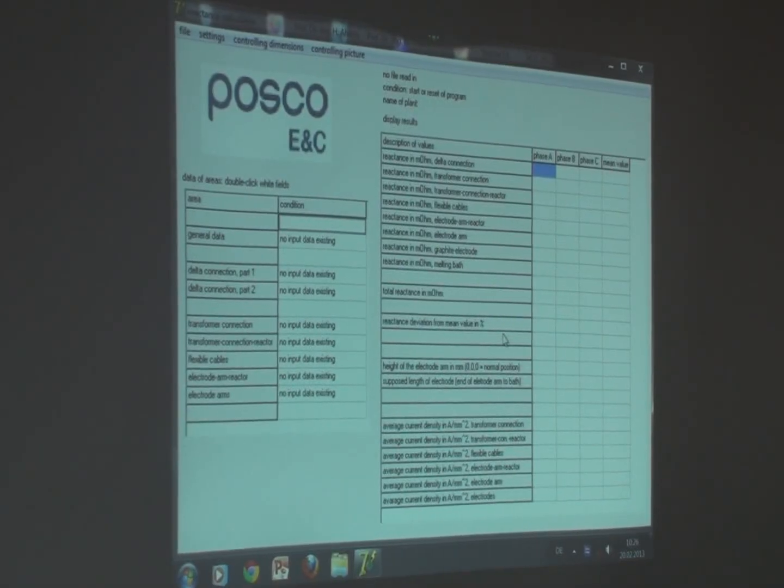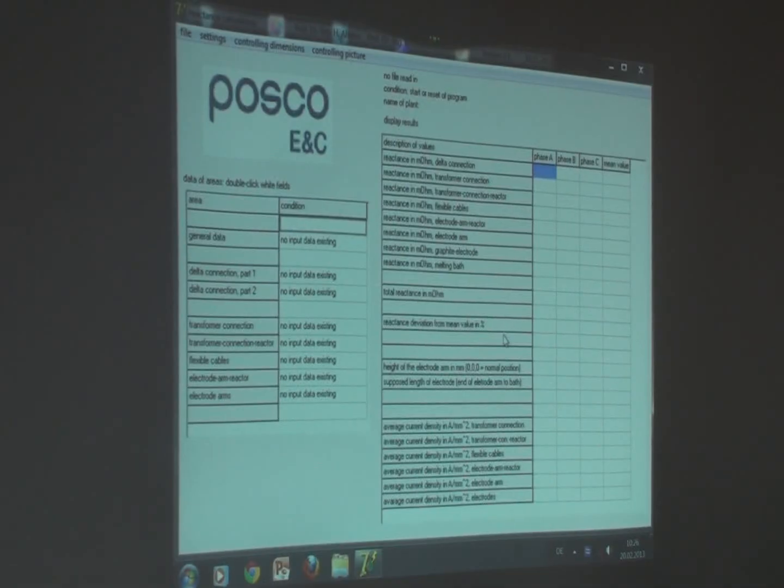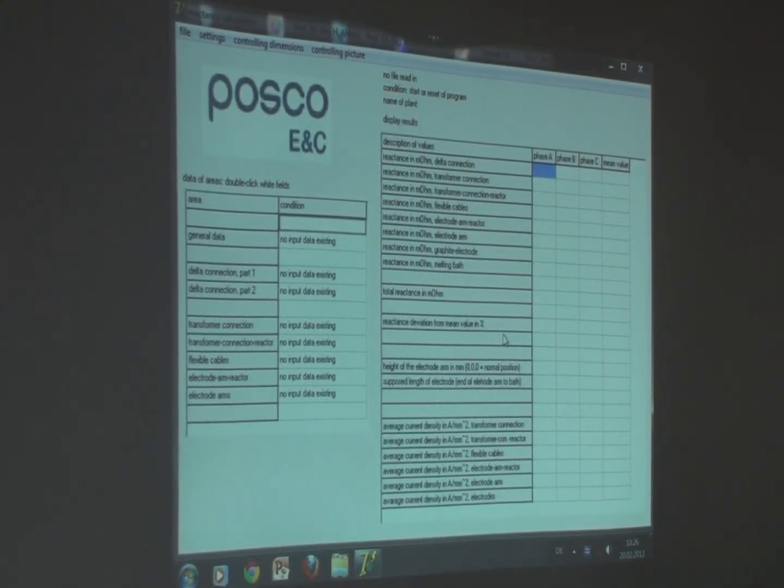X low. What happens if you make this a low value? What happens? You make it low. Instead of 2 milliohm, 1.5 milliohm.